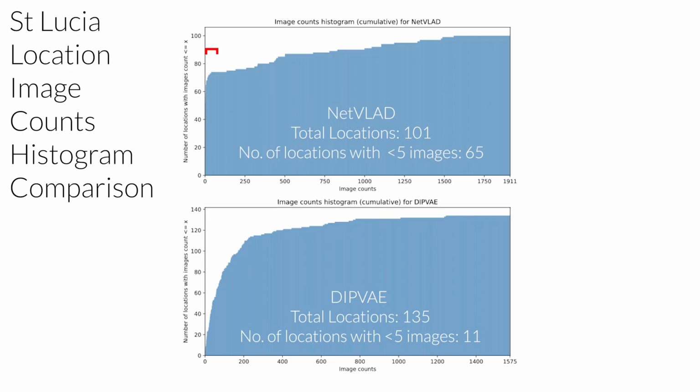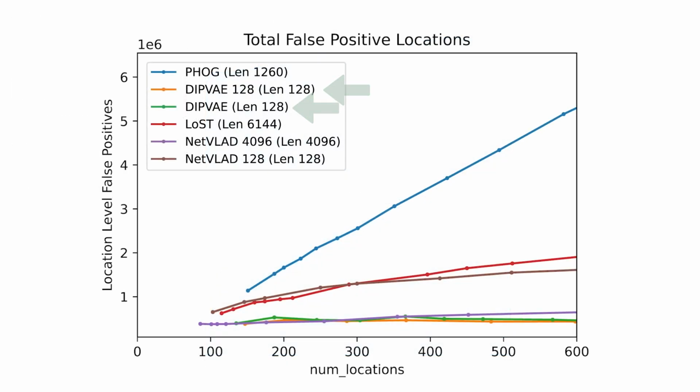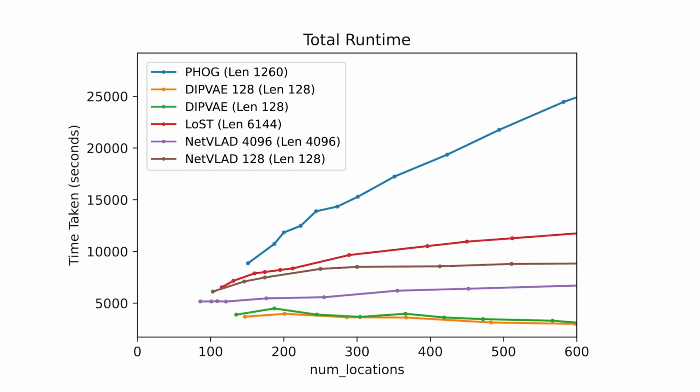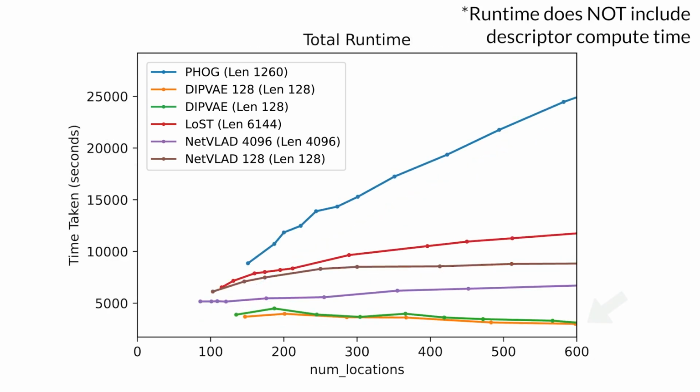In our experimental evaluation, we find that DiffAE produces significantly lower false positive locations. We attribute this to the distinctiveness characteristics exhibited by DiffAE. These two characteristics in turn enable achieving substantially lower runtimes.